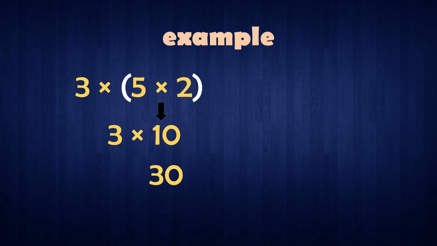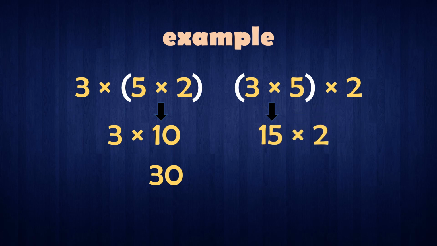We can also group the numbers as the quantity of 3 times 5, times 2. Then our answer will be 3 times 5 is 15, so the next step is 15 times 2. Then, the product is 30.